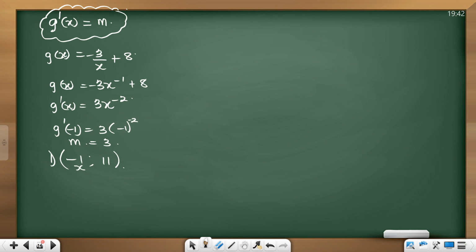Right. So I know my x. y equals mx plus c. The y value is 11. What's our m? 3. What is c? 14. So we get 3x plus 14.